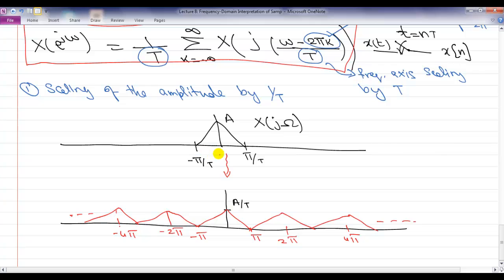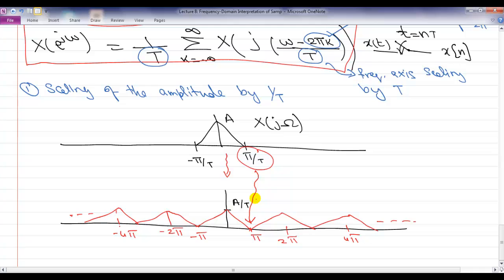In particular, if you look at it, assuming no aliasing, what is the highest frequency that your continuous time signal can have? It can have a highest frequency of pi by T radians per second. That pi by T radians per second highest frequency gets mapped to the highest frequency in discrete time. What's the highest frequency in discrete time? Pi. So this pi by T gets mapped to pi.